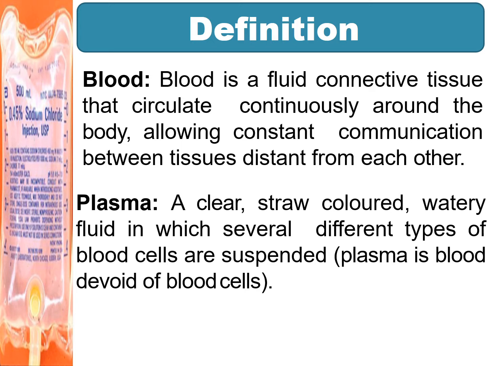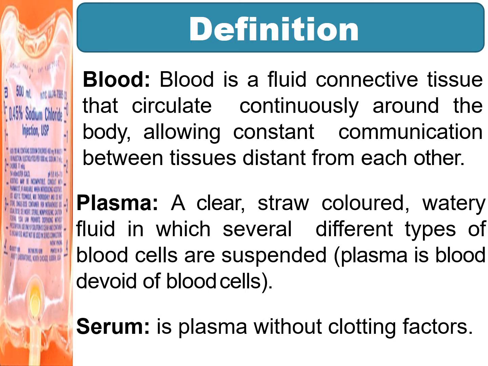And what is pure plasma? It is blood devoid of the blood cells, called plasma. Whereas serum, what is serum? It is plasma without the clotting factors, called serum. So here are the basic definitions of blood, plasma and serum.